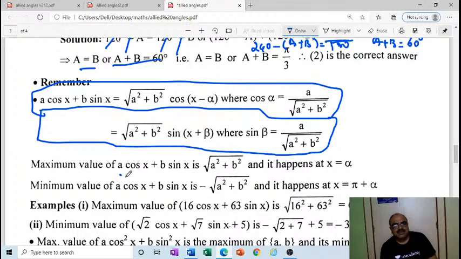The maximum value of a cos x plus b sin x is root of a square plus b square, and it happens at x equals alpha.